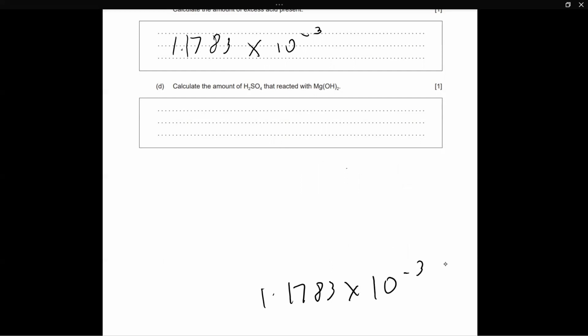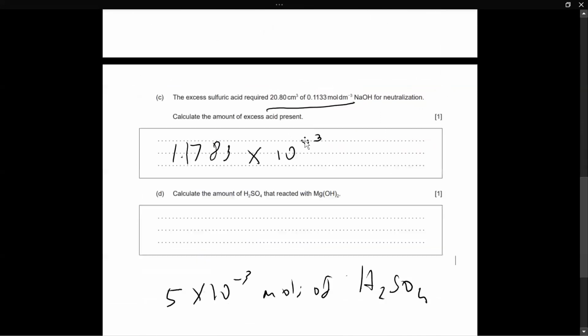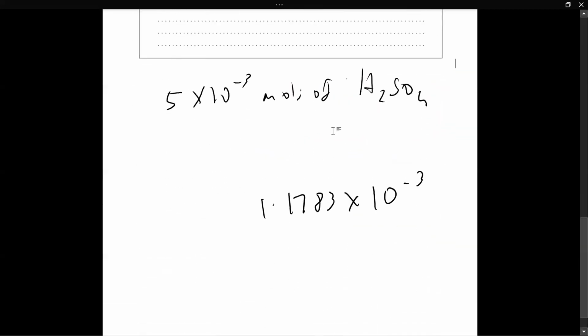And this is very simple. You just have to calculate how much reacted with MgOH, and we know how much is left over at the end. We know how much we began with. We began with 5 times 10 to the negative 3 moles of H2SO4, if you can recall. Let me show you what I mean. This is what we calculated up here. And I'm sure all of you know what we have to do by now.